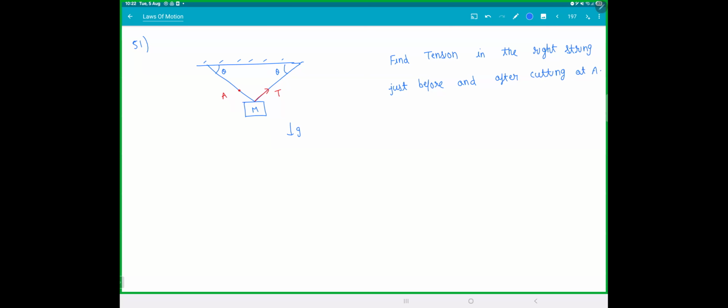So if you're cutting the left string, what is the tension just before and just after?